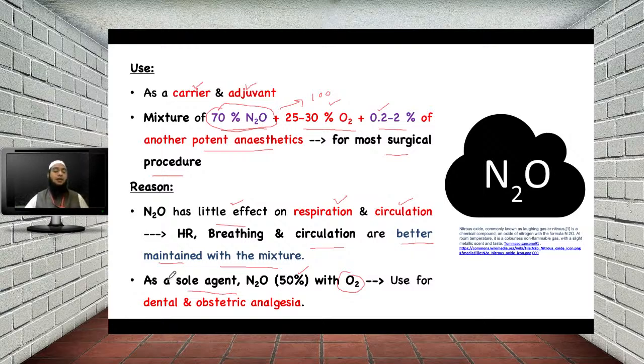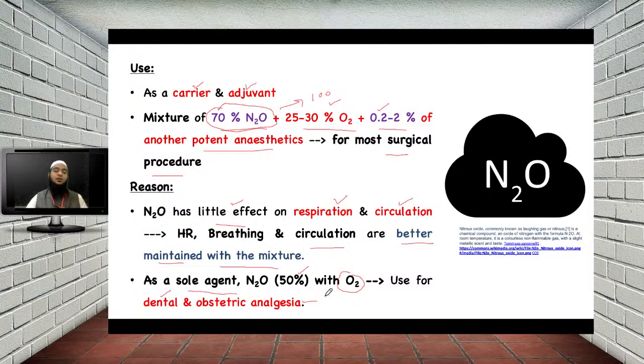It can be used for minor surgery, especially dental surgery for the teeth, or obstetric analgesia. What do you mean by obstetric analgesia? Analgesia which is generally required during delivery of the baby. While the baby is being delivered, the mother suffers from pain. So at that time, when the mother is undergoing the surgical procedure and the baby is still in the womb, to avoid the effect of any other drug, you use only nitric oxide.